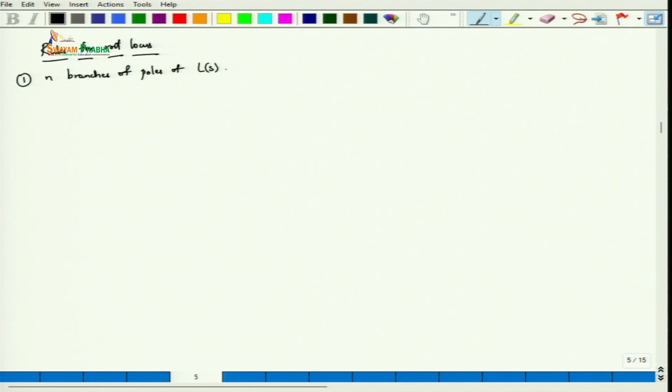These n branches start at poles, and m of them end at zeros, because basically there are only m zeros of L of S, and the remaining go to infinity.